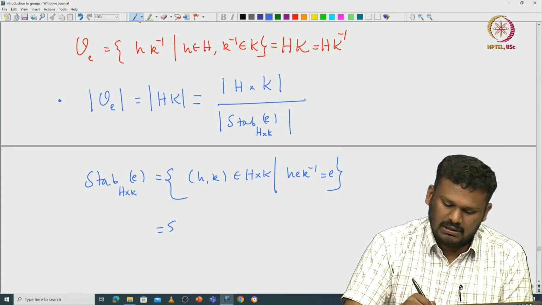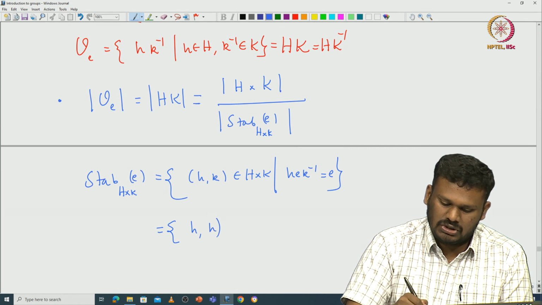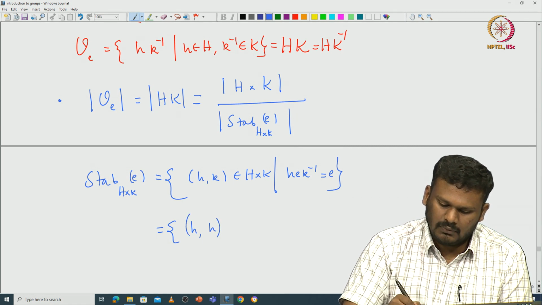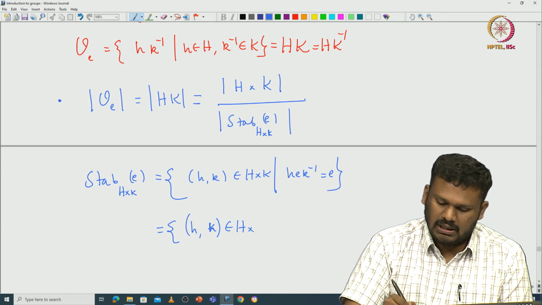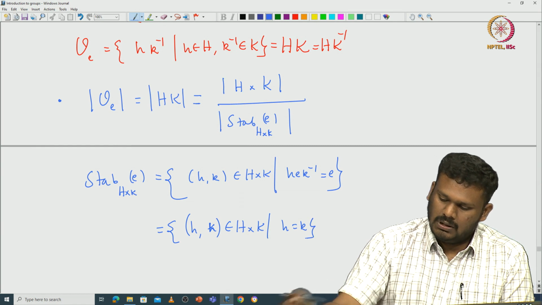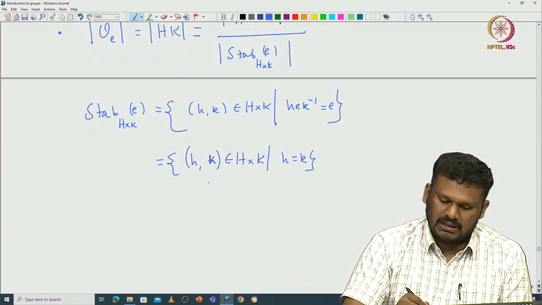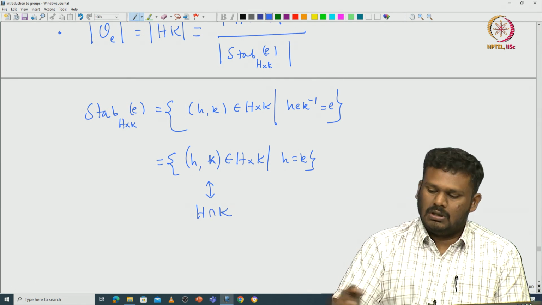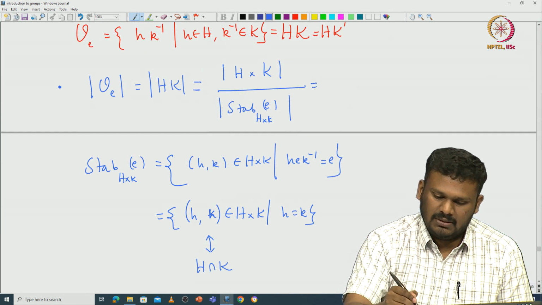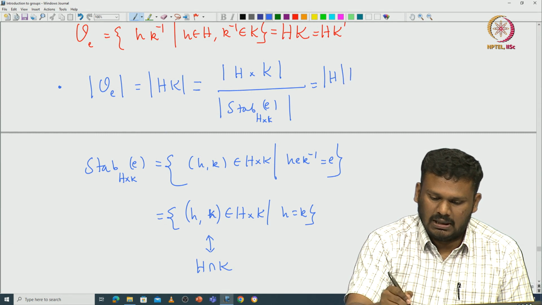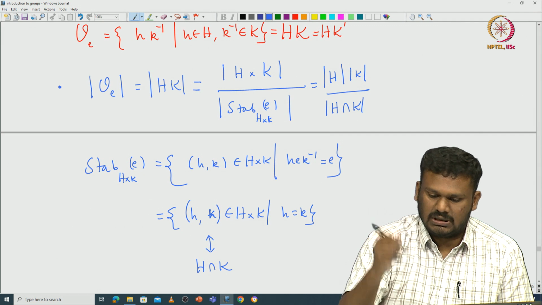It is exactly (h, k) where h equals k. You can see that this has a natural one-to-one correspondence with H intersection K. So, using this you can immediately conclude this is the cardinality of H, cardinality of K divided by the cardinality of H intersection K.